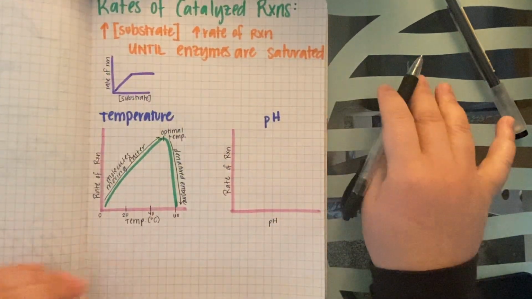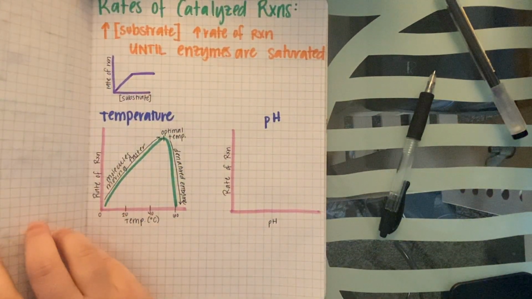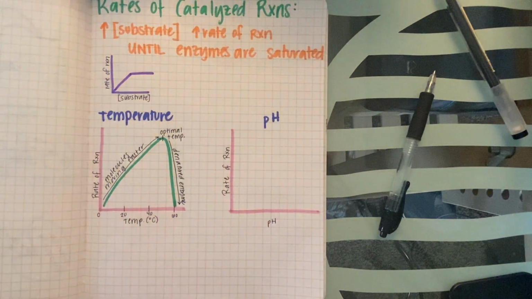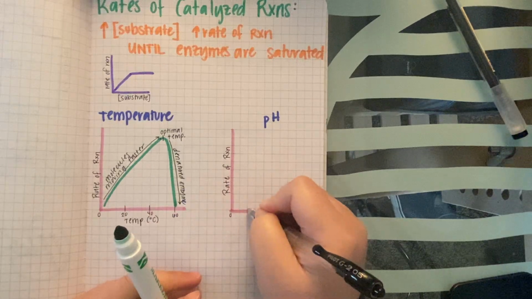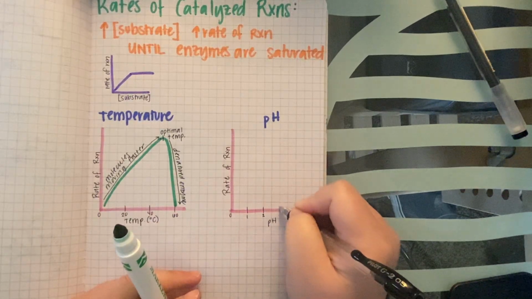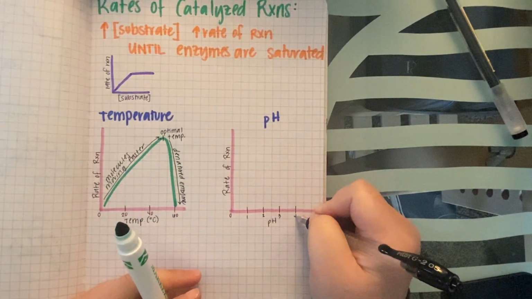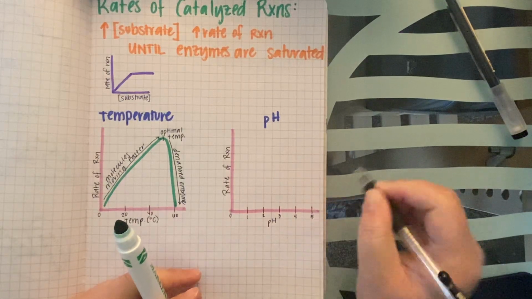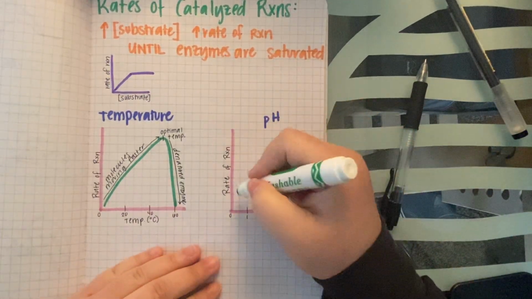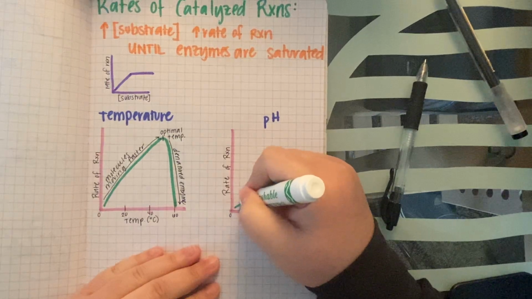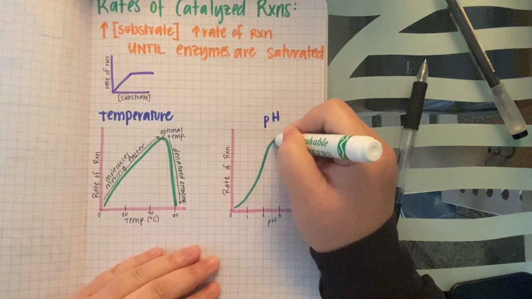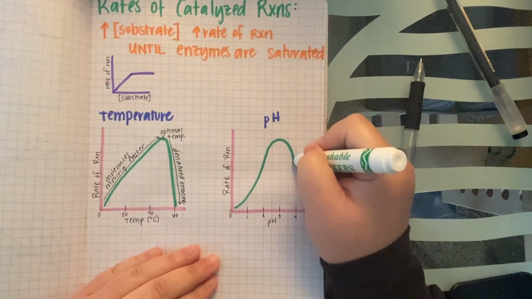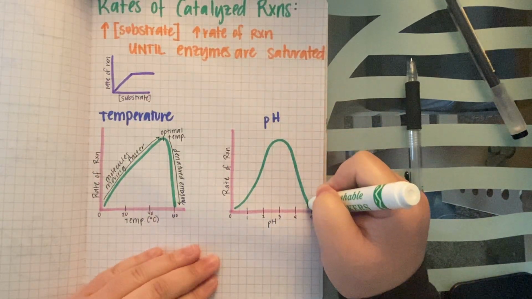Over here in pH, it's more of a bell curve. So let's put some values down here: 0, 1, 2, 3. This will be an acidic enzyme. But as your enzyme approaches its optimal pH, it becomes more efficient. And then as it moves away from its optimal pH, it becomes less efficient.